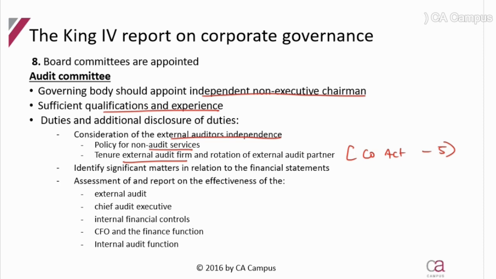They deal with significant matters with regards to the financial statements, so they have to have qualifications that can help them with finance, and assessment of and reports on the effectiveness of your external and internal assurance. So external audits, internal audits, and anybody who is aligned with internal audit, like the chief audit executive, the CFO and finance function, and internal audit function. So they've got a significant report that the audit committee will have to put together to make sure that they are comfortable with the combined assurance.